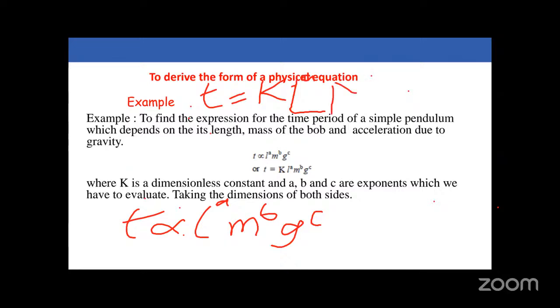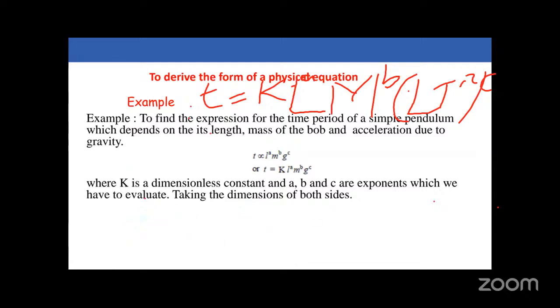Let's write the proper dimensional formula, M raised to B. And then acceleration due to gravity, G. The unit is meter per second square, the same unit as acceleration. So that is L T minus 2, all in bracket raised to C, because G is raised to C.